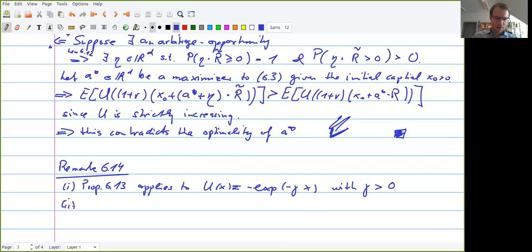And the second remark I would like to give you is, okay, the assumption that u is bounded was not laziness, it's actually essential for this proposition to hold. If u is unbounded from above, then our proposition is not true anymore.